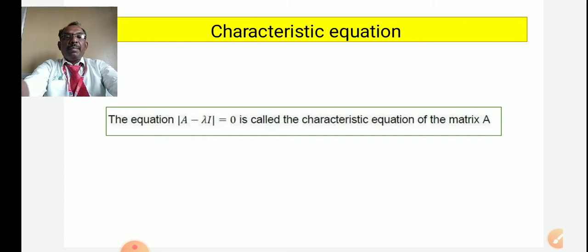I is called the unit matrix, and lambda is called the scalar or eigenvalue.